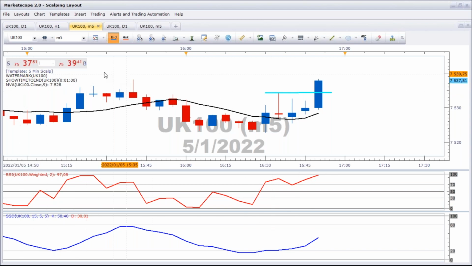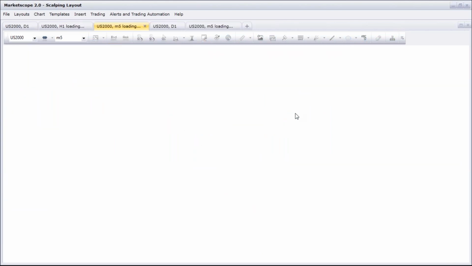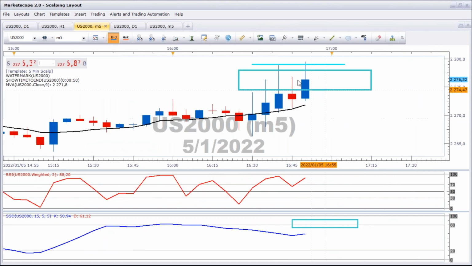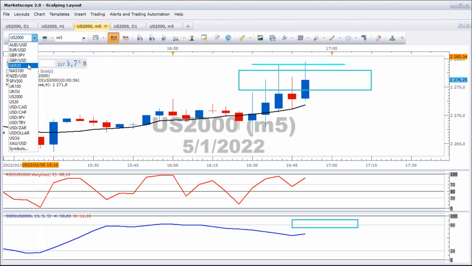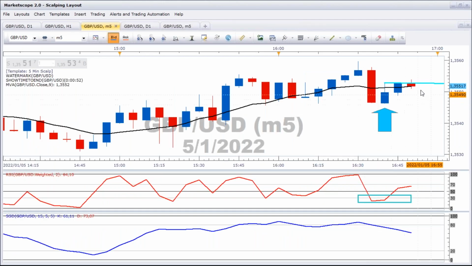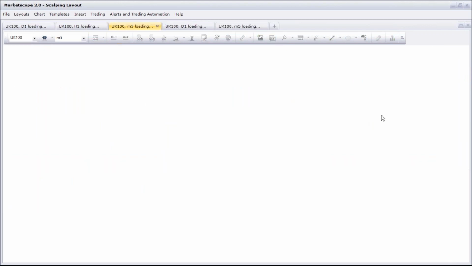So this is another candidate, the FTSE. Let's go back to the US 2000. Let's go back to cable. Right, so we'll focus on the UK100 for now.